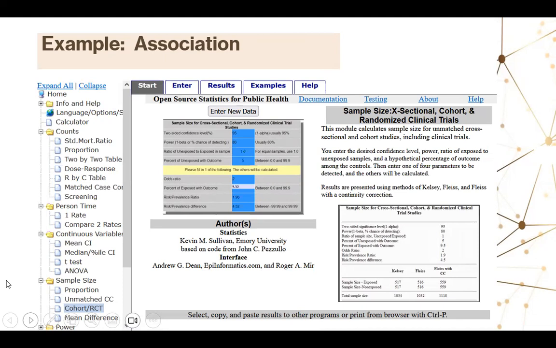This application or this selection asks of you to put in the percent of unexposed with outcome. This one you get from literature as well. And then you put in any of the following values below the yellow bar. You can either put the odds ratio, you can put the percent of exposed with outcome, and the other choices.